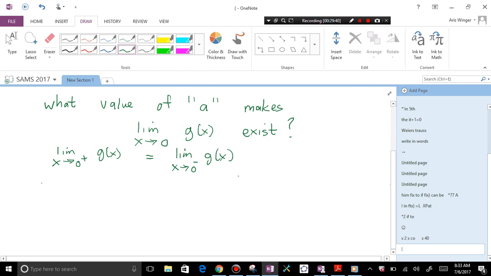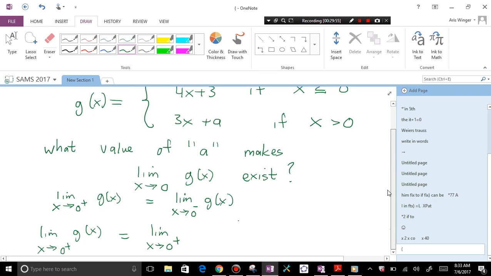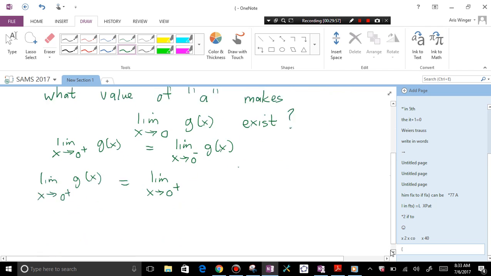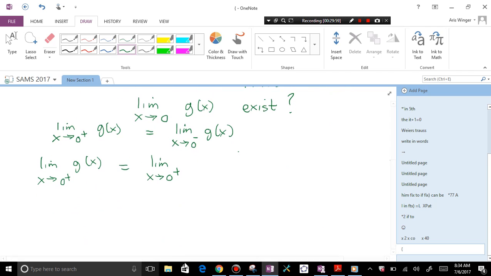The limit as x goes to 0 from the right of g of x is equal to the limit as x goes to 0 from the right of 4x plus 3, which is equal to 3.